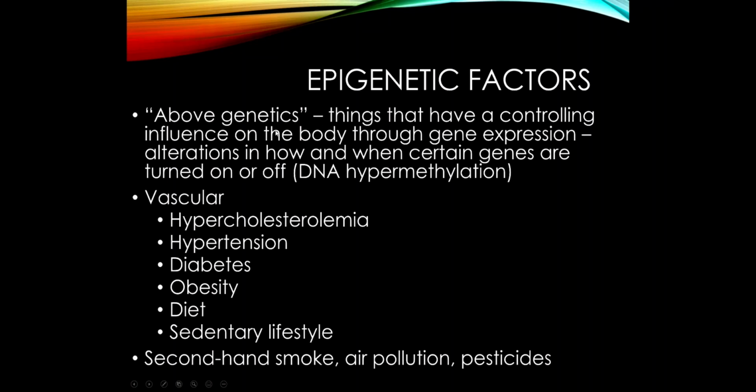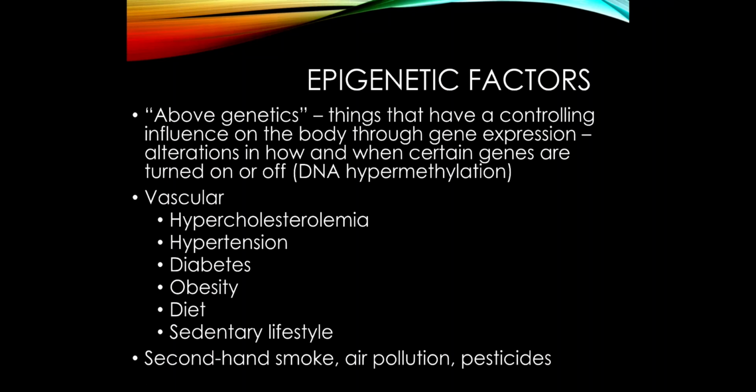Probably most of you know more about this than I do, but it's above genetics. So here's the best definition that I could come up with: things that have a controlling influence on the body through gene expression. So with epigenetics, usually the mechanism is DNA hypermethylation, or there are other mechanisms as well, but it alters how and when certain genes are turned on or off.